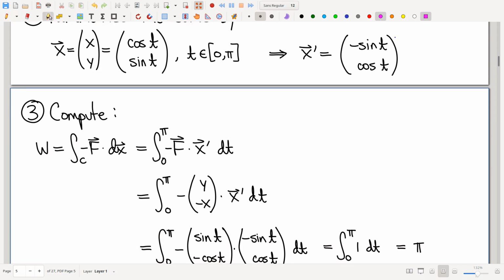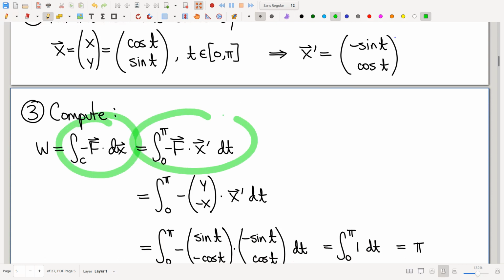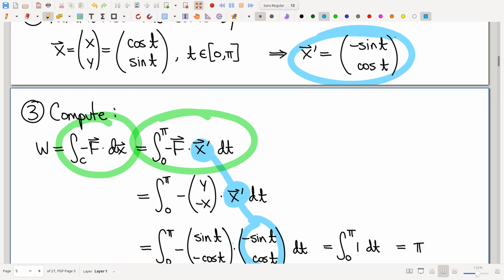So again, our original integral, we compute f dot dx as f dot x prime dt. X prime we just computed. Right? Let's see here. The vector field was given.